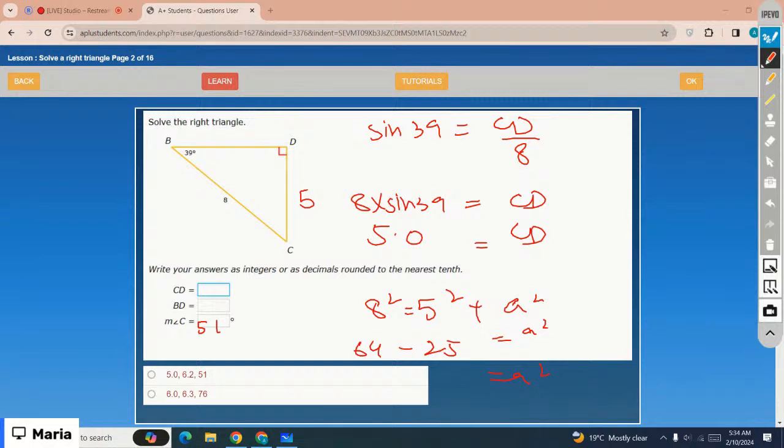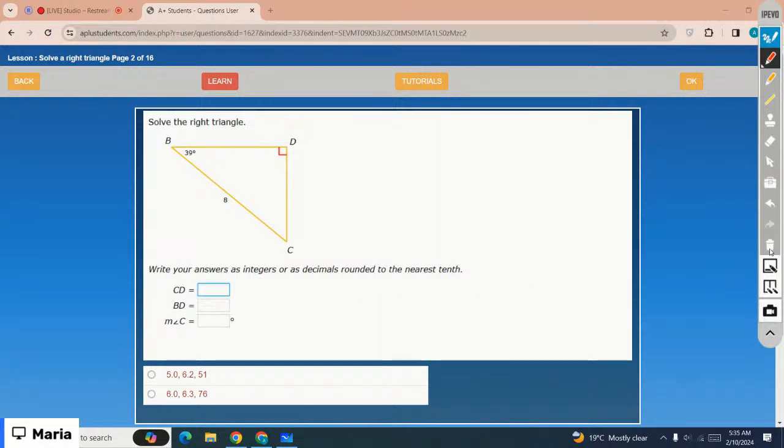So a is 6.2. So option number 1 is the correct option, right? That is 51 degrees, 6.2 and 5.0, option number 1 is the correct option.